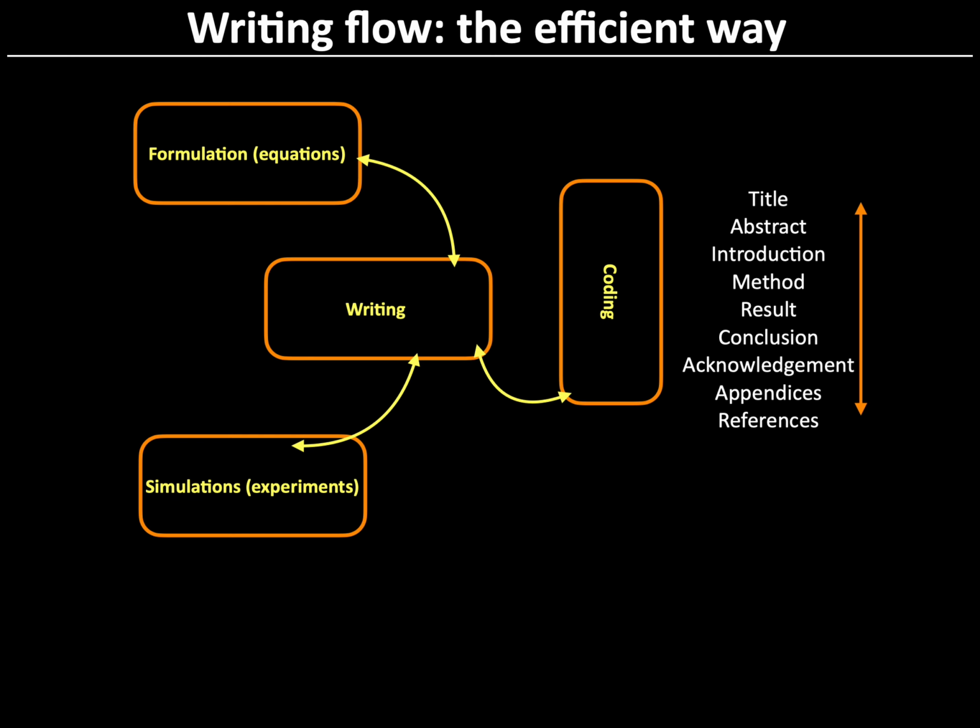I don't write in this order: title, abstract, introduction, method, results, conclusion. No, no, no. I write where I can. If I'm writing the introduction and I'm stuck, then I move to a place where I can be productive, because I don't want to be in a down mood.